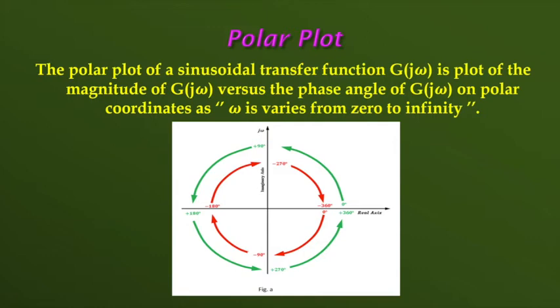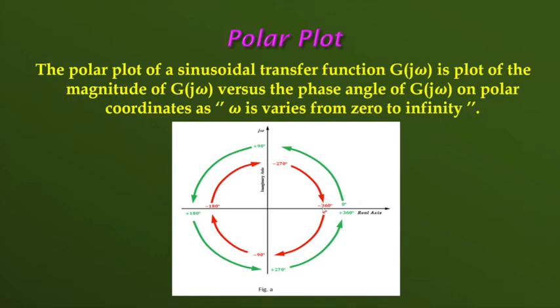In polar plots, the magnitude of G(j omega) is plotted as the distance from the origin, while the phase angle is measured from the positive real axis. Positive phase angle is measured counterclockwise, while negative phase angle is measured clockwise from the positive real axis.